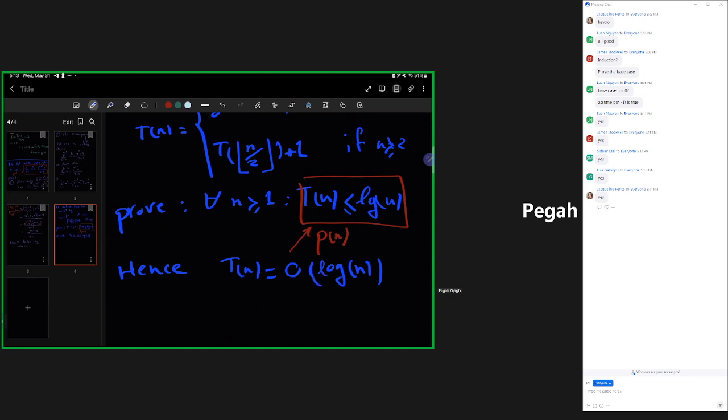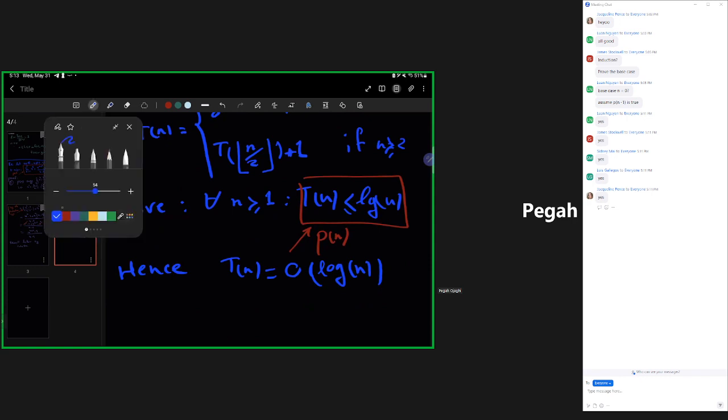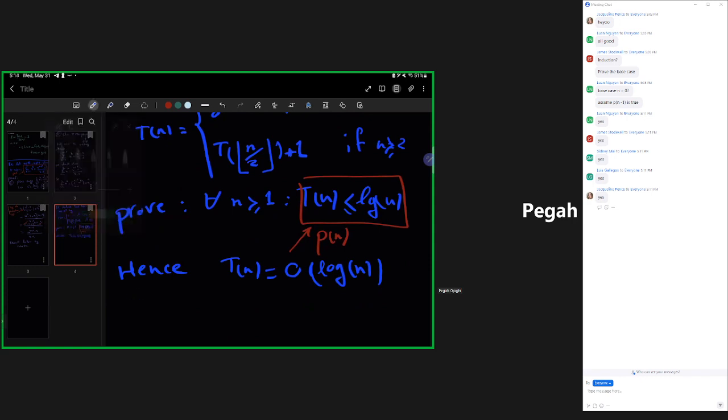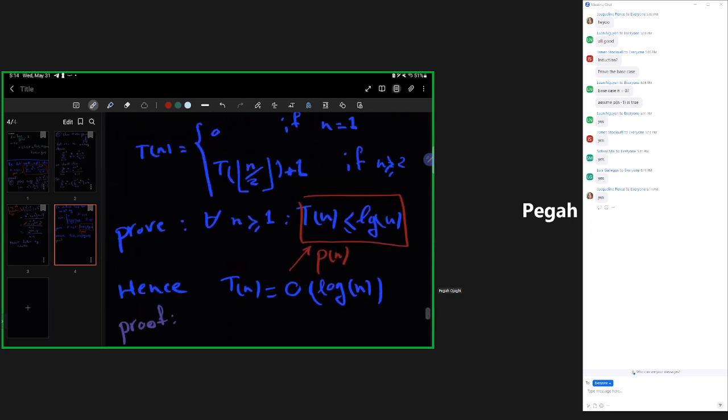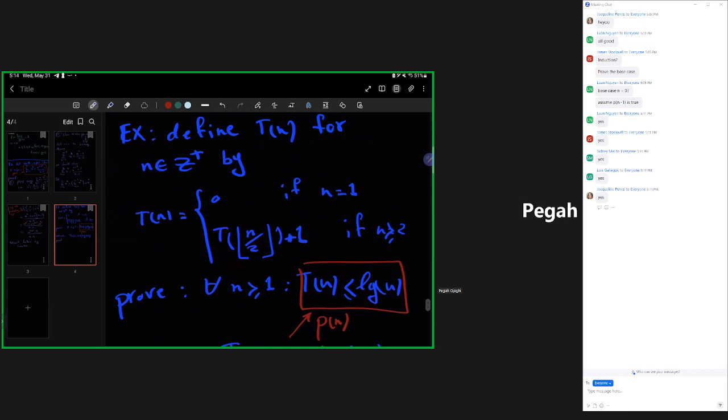How do you prove this one, actually? If you want to write a proof, how do you work on this? Any idea? You need to show all the steps in the homework or quiz, one by one.